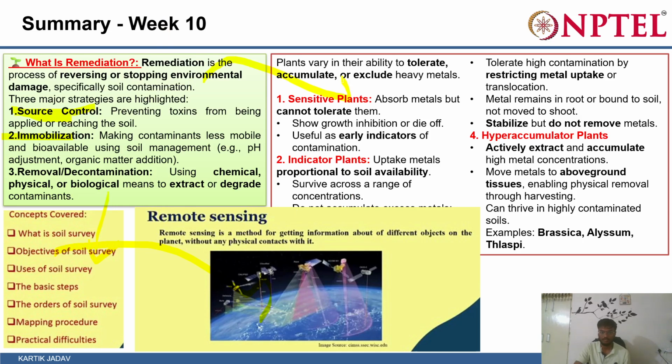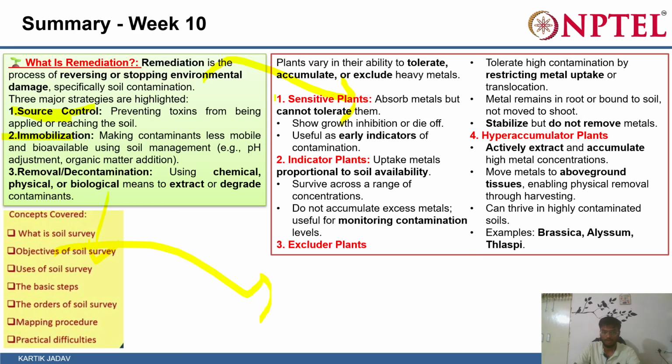Before that, let me quickly revise that in phytoremediation there are certain plant species that we generally use. The first is sensitive plants, then indicator plants, excluder plants, and hyperaccumulator plants. Sensitive plants absorb metals but cannot tolerate them, right?